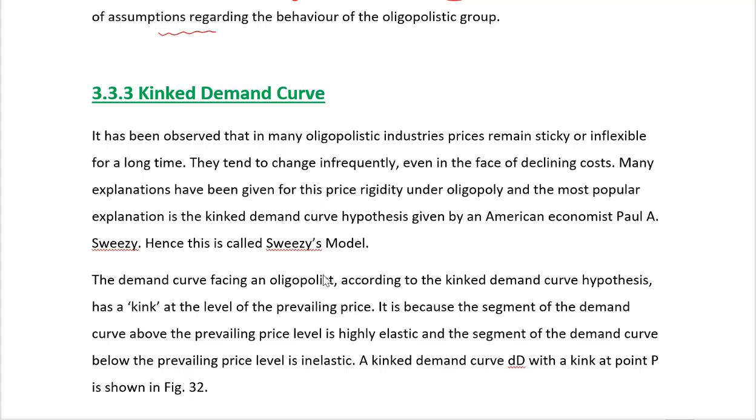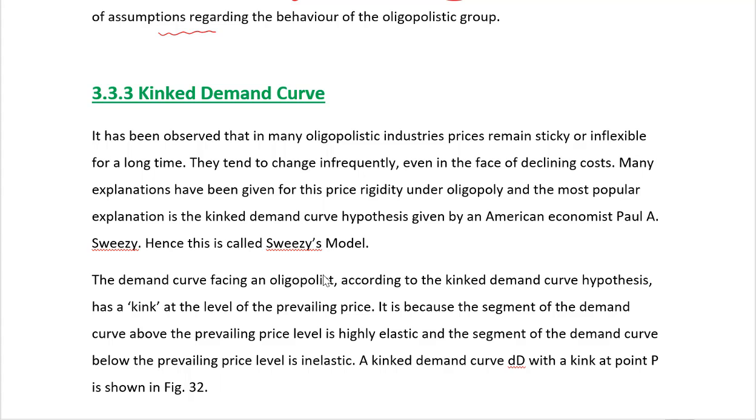Each oligopolist firm believes that if it lowers the price below the prevailing level, its competitors will follow and will accordingly lower their prices. Its competitors feel that if they do not follow the price cut, their own consumers will move away and buy from the firm which has lowered the prices. So, to maintain their customer base, the competitor firms will also lower the prices.